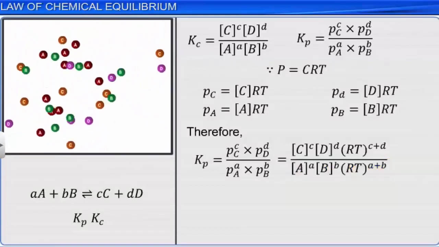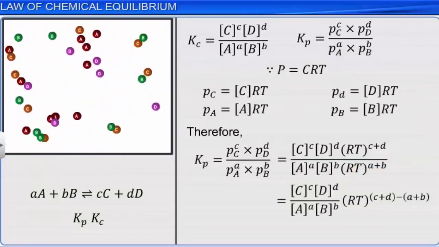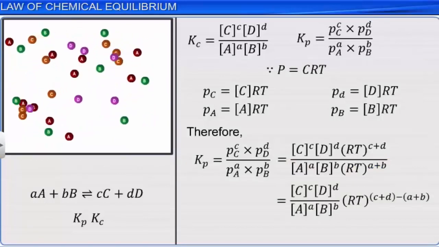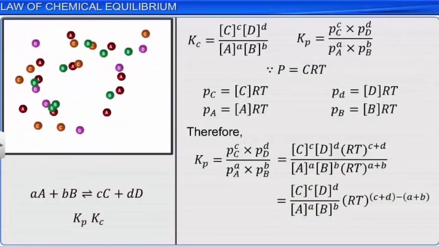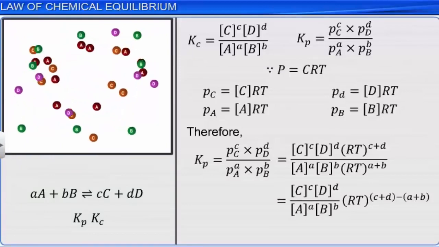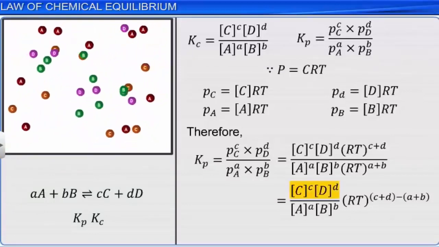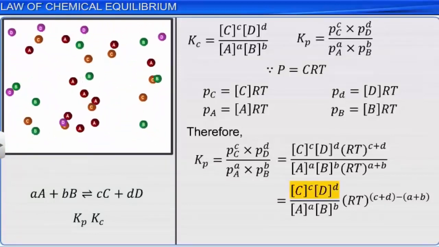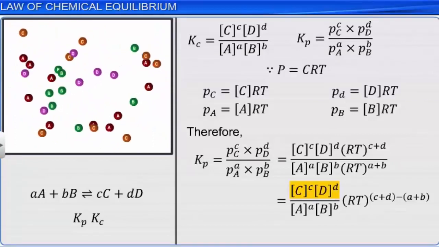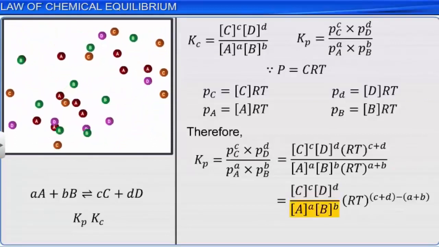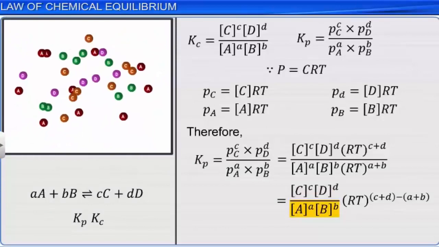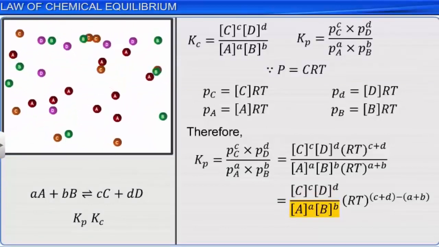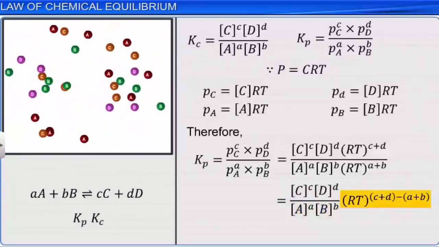This can be written as the product of the concentration of the products C raised to the power of c and D raised to the power of d, divided by the product of the concentration of A raised to the power of a and B raised to the power of b, multiplied by the product of R and T raised to the power of the sum of c and d minus the sum of a and b.